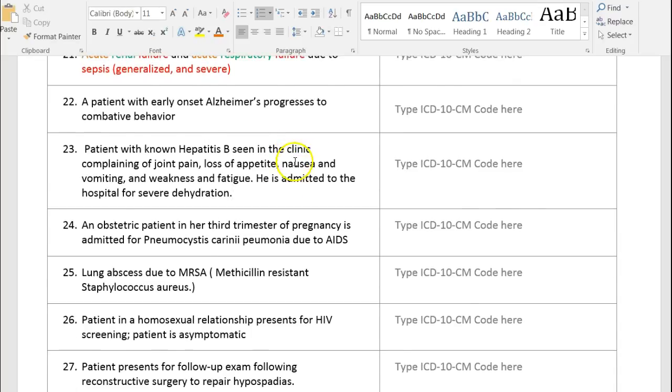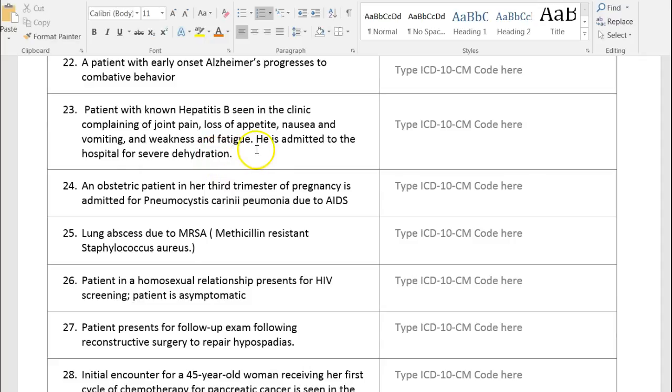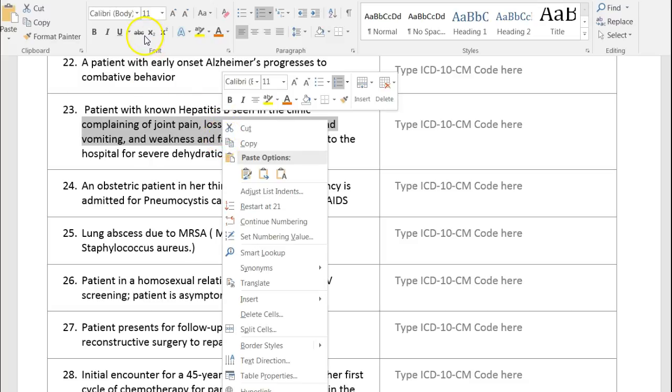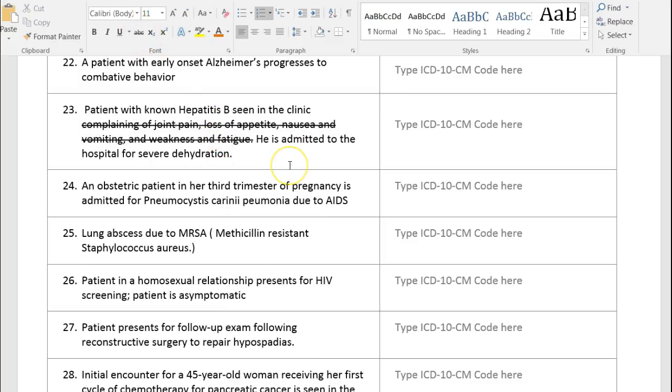We omitted coding all of these other complaints simply because things like pain, loss of appetite, nausea, vomiting, weakness, and fatigue are considered signs and symptoms. Signs and symptoms are generally a sign or symptom of a more severe condition. So this condition here, dehydration, even though he named it severe, you will not locate severe dehydration.